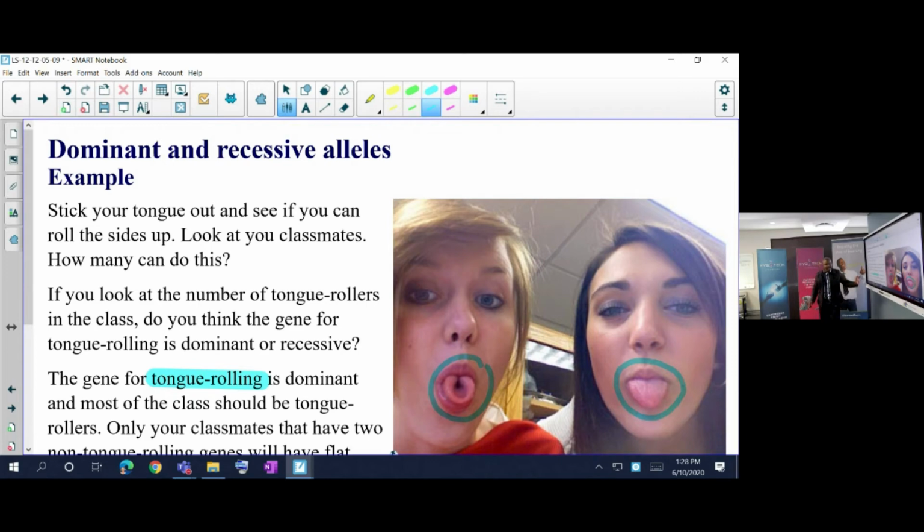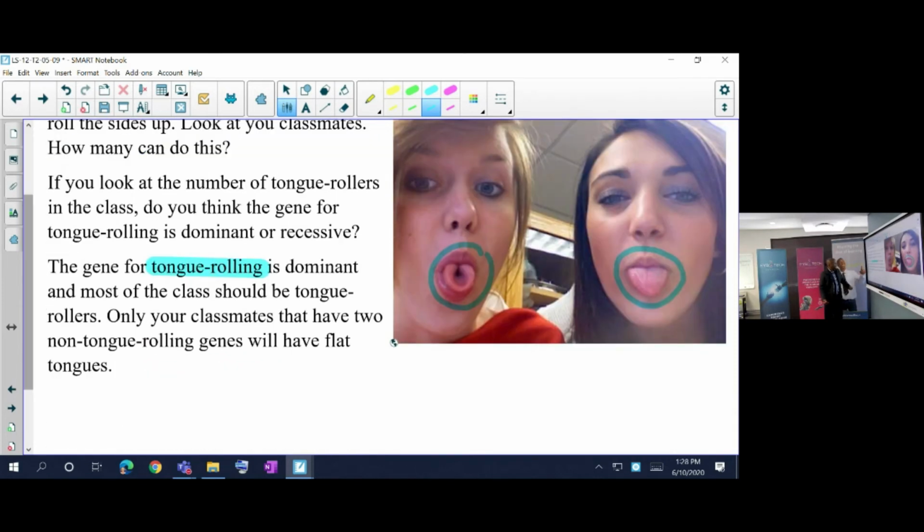It will make clear on my next example. I'm taking you stage by stage. She cannot. So in this case, this one is a dominant allele for tongue rolling. This one, she's carrying the recessive allele for tongue rolling. Hence, she cannot roll a tongue. Wonderful.